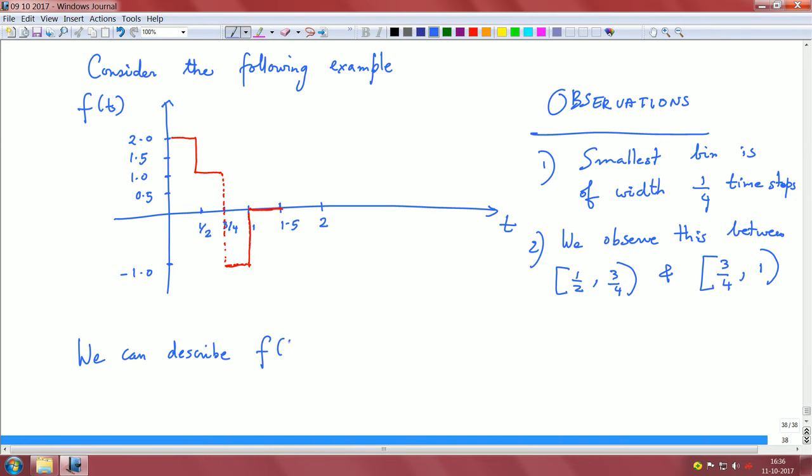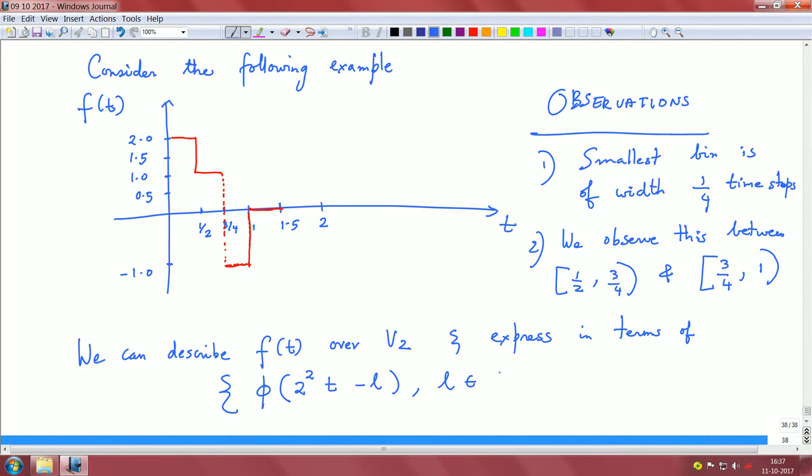Which means that we can express f of t in terms of these phi functions at scale j equals 2, that is phi of 2 square t minus L, with L belonging to the set of integers.